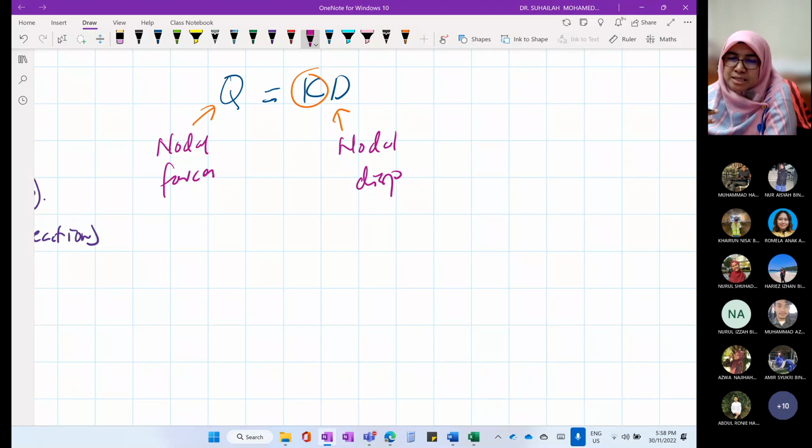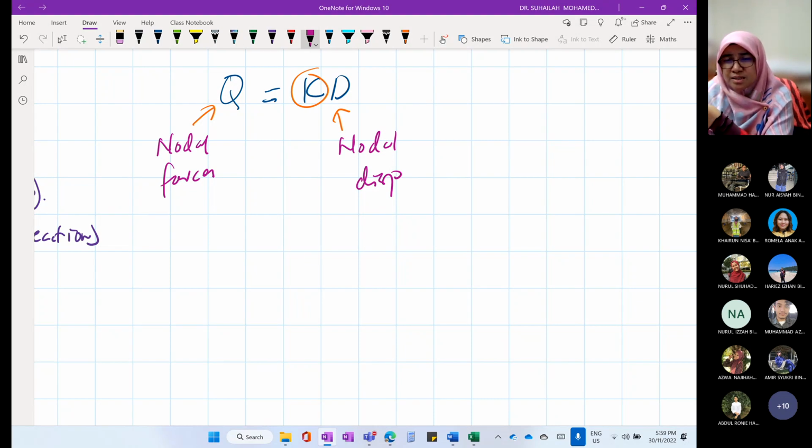And we always read the force and the displacement at nodes. That is why we call it nodal. Nodal comes from the word nodes, N-O-D-E, node.